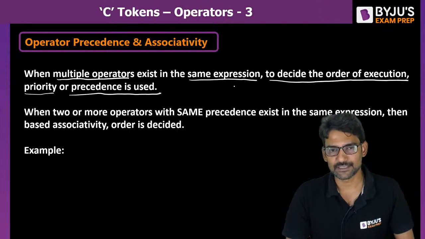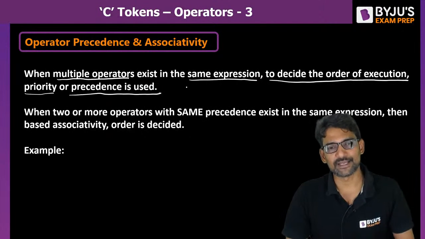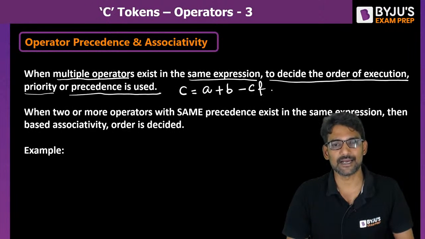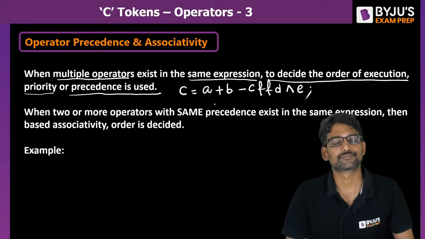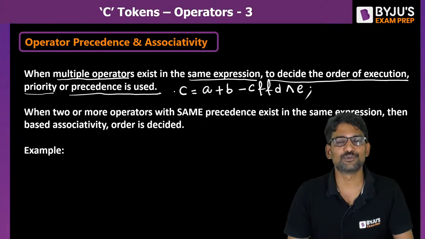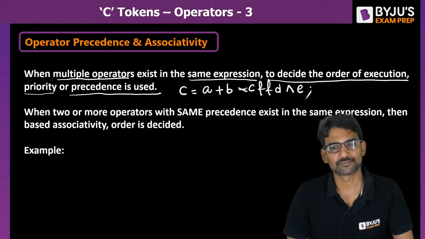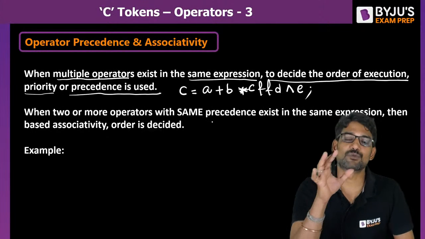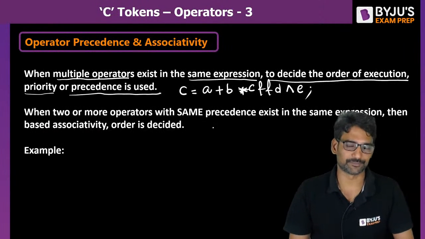That means, suppose I write C is equal to A plus B minus C and D XOR E. What to do first? What to do next here? That is decided by priority.